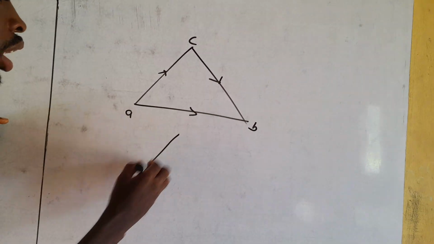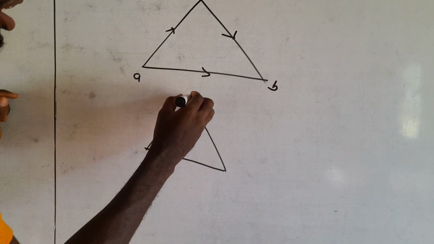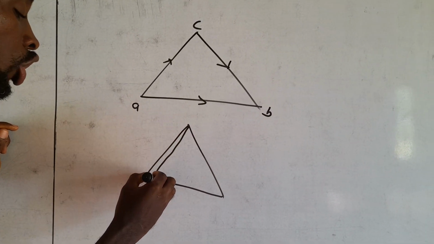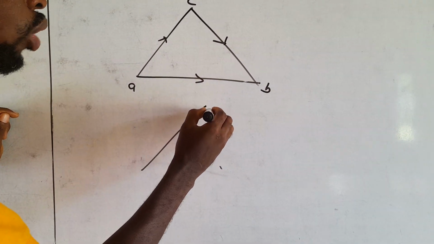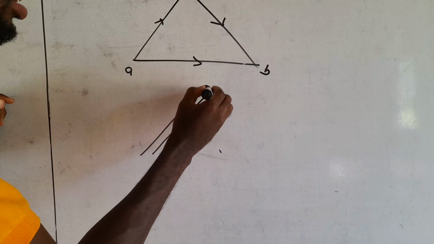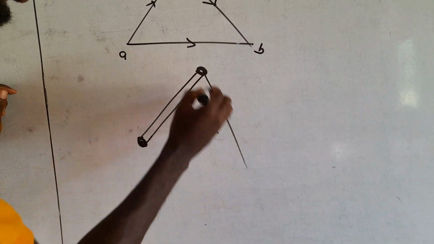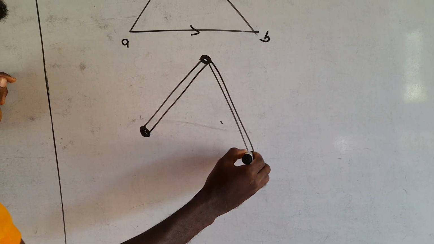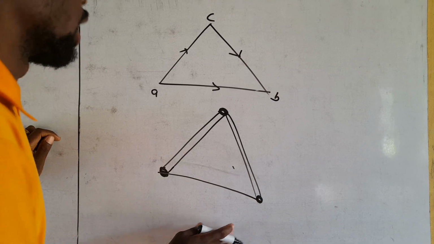Then when we say a graph is having multiple edges, that means the graph looks like this. It's having multiple edges like that. That means it has 2 or more edges on one side. So this graph is having multi-edges.